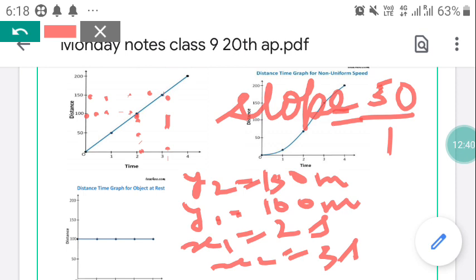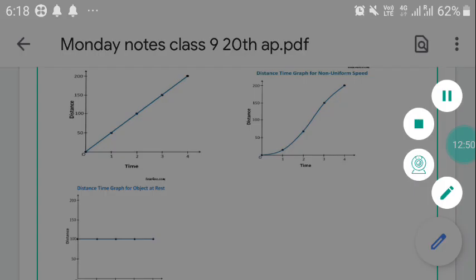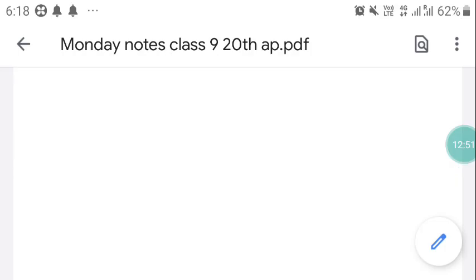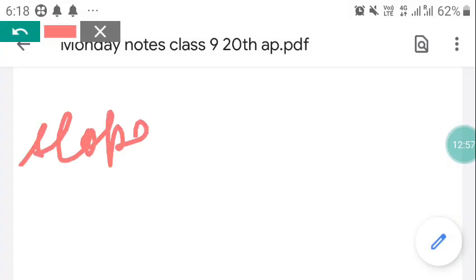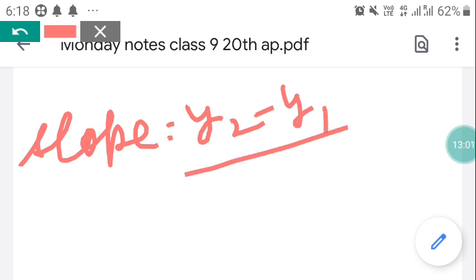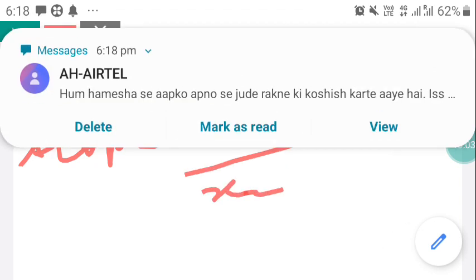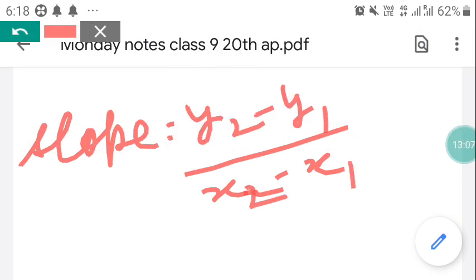So that is the slope calculation. And see here, y2 minus y1 is distance and x2 minus x1 is time. Slope is y2 minus y1 upon x2 minus x1.